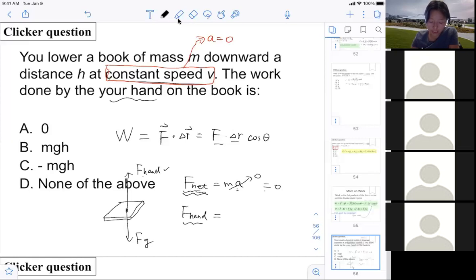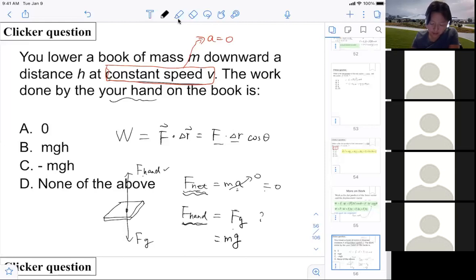One is a force by hand, one is gravity. Your force by hand supporting the book is upward, gravity pointing down. So the magnitude of the force by hand is equal to the gravity of the book? Is that right? Yeah, it should be gravity then. Yes. So we now figure out the force by hand is mg and pointing up.